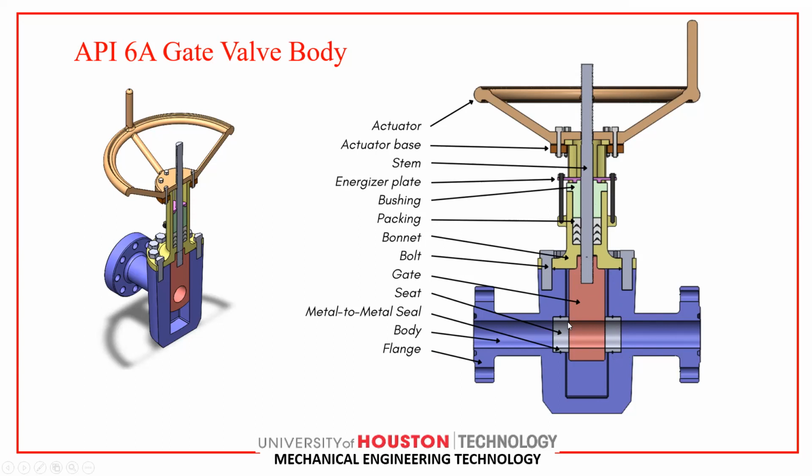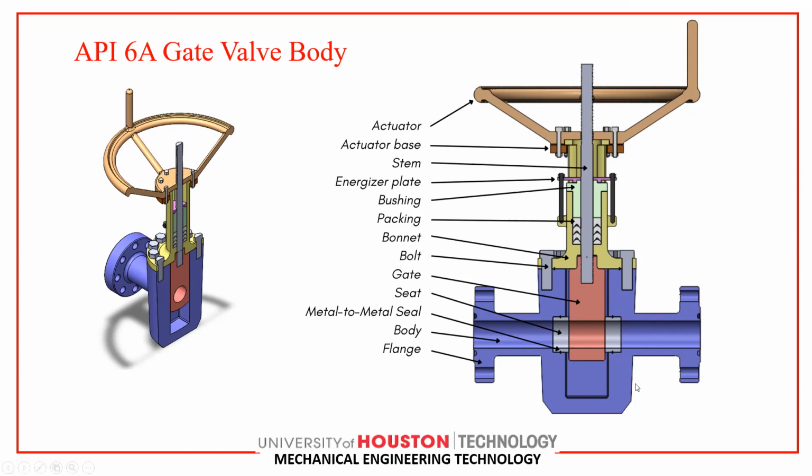We use the metal-to-metal seals to prevent damage from the high pressure and high temperature. That means we prevent the gate, valve body, and bonnet from damage that comes from the high pressure and high temperature.